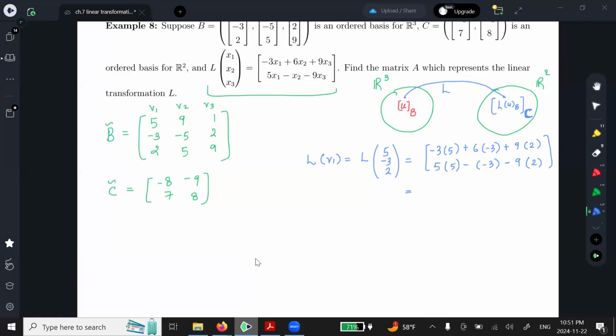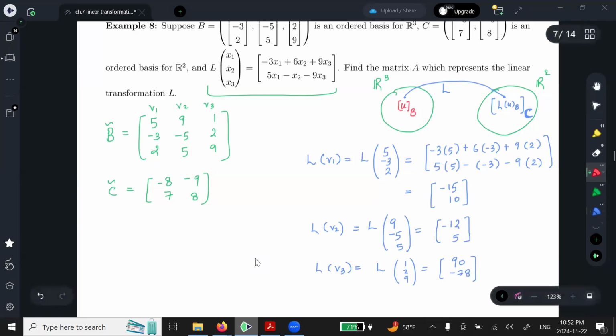And when you simplify that, you should get -15 and 10. Same thing you'll do for the second vector in your basis B, and when you do that math, it should be -12 and 5. And the last step, you find the image of the last vector in your basis B, and that would turn out to be 90 and -78.